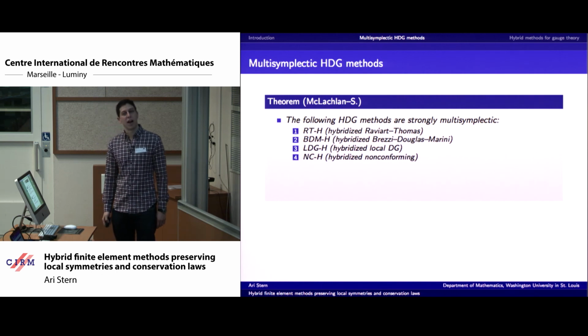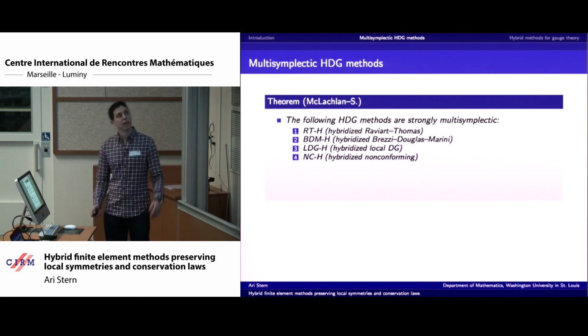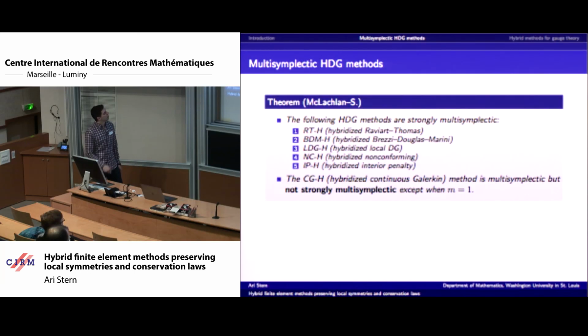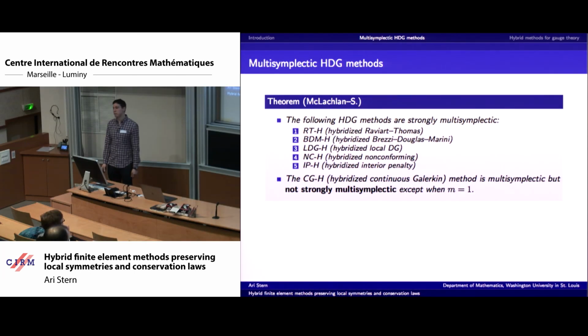There's a hybrid version of a non-conforming method, the classic interior penalty DG method. In fact, the only one that's weakly multisymplectic but not strongly is the most classical one of all, which is just the continuous Galerkin method with Lagrange finite elements, which is kind of interesting. So it's weakly but not strongly multisymplectic, except in dimension 1.